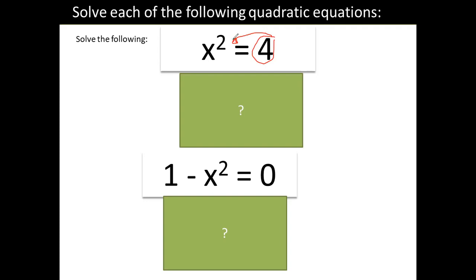Remember, when you transpose a term from left to right, or from right to left, the sign will be changed. If positive, it becomes negative. If negative, it becomes positive. So since that is positive 4 and we transpose it to the left side, it becomes negative. So you now have x squared minus 4 equals 0.